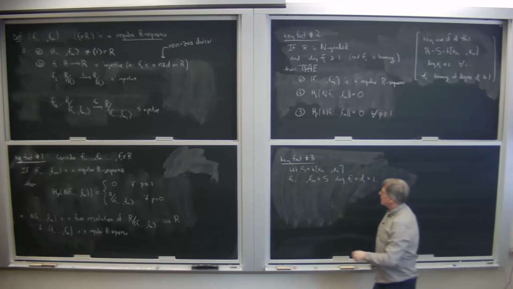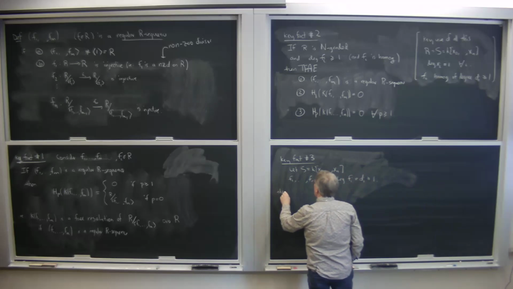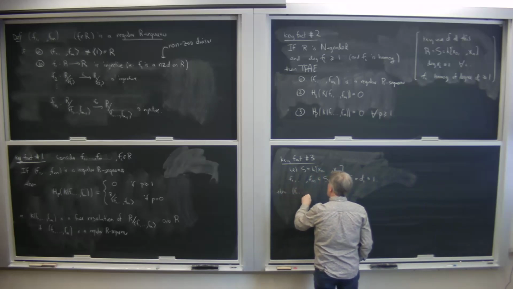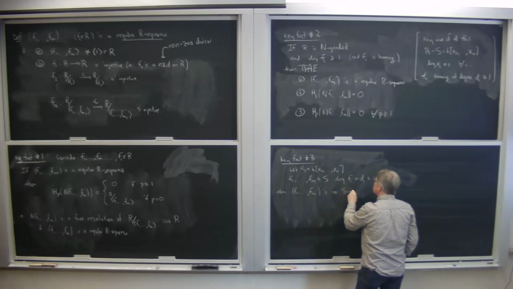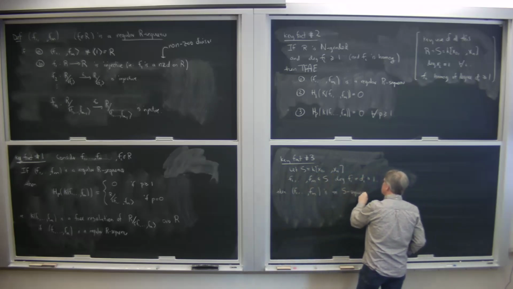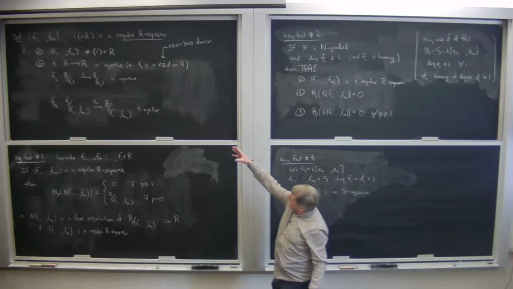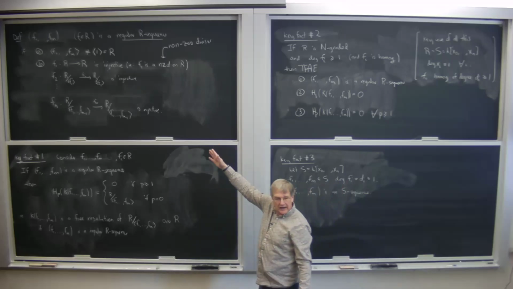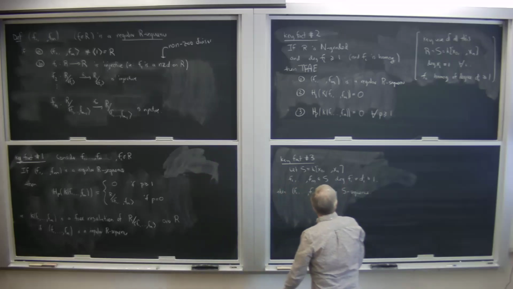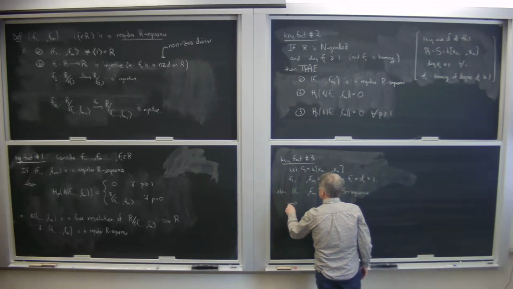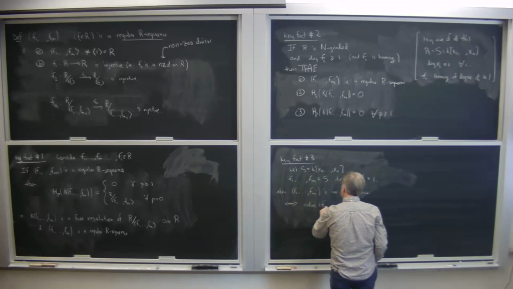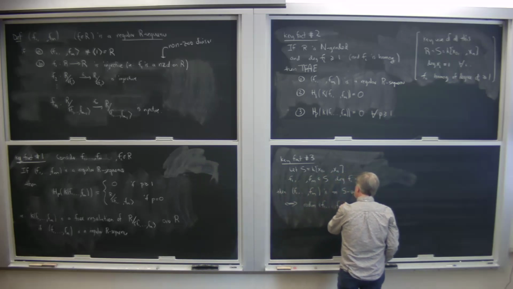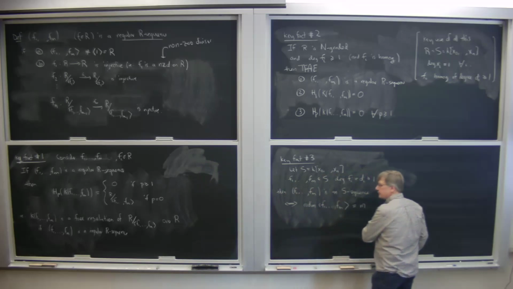Then f_1 to f_m is an S-sequence, with this induction kind of thing going on, if and only if the codimension of the ideal (f_1, ..., f_m) is equal to m.